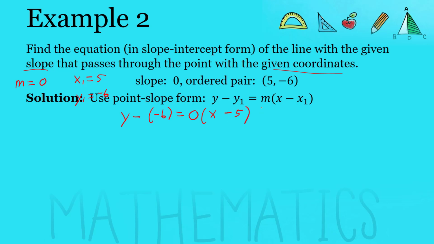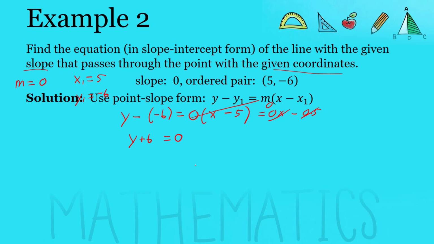5. Of course, this is nothing more than 0 times x minus 0 times 5. 0 times x is 0, 0 times 5 is 0, so all of this just happens to be 0. So on the left-hand side, we have y minus negative 6, which is just y plus 6, and that's going to be equal to 0.